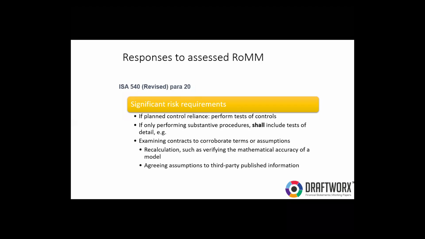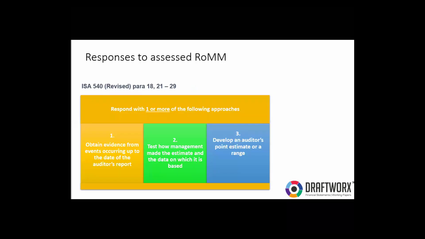Right, so let's move on. All right, now, what's important to note is, remember I showed you that separate document that the IAASB issued in terms of the 3 testing approaches.